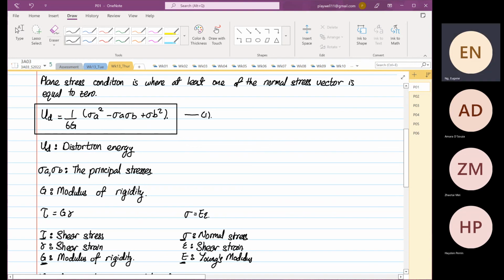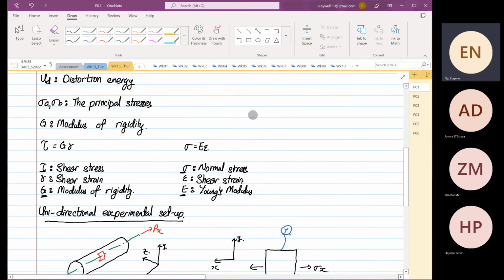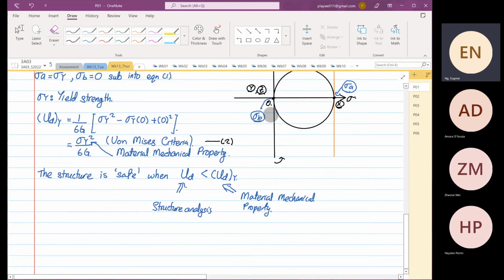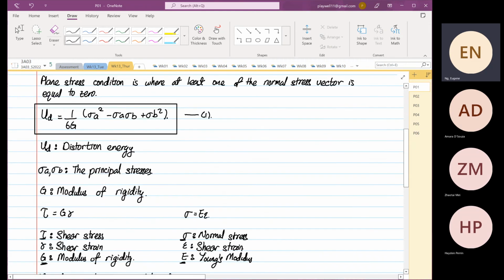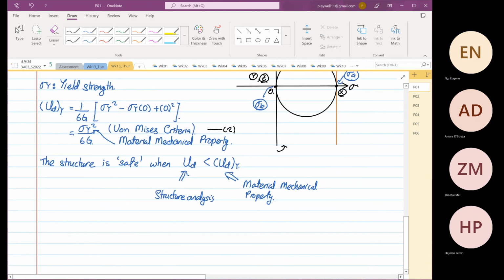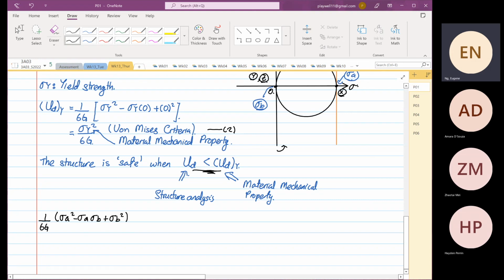So now, if we were to relate equation 1 and equation 2, we're going to put both of them together to satisfy this condition. So our UD is equal to 1 over 6G times sigma A squared minus sigma A sigma B plus sigma B squared.